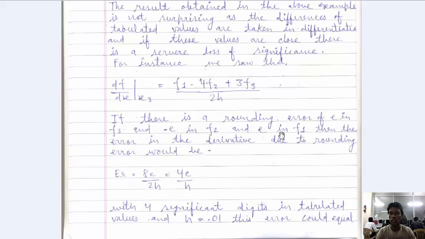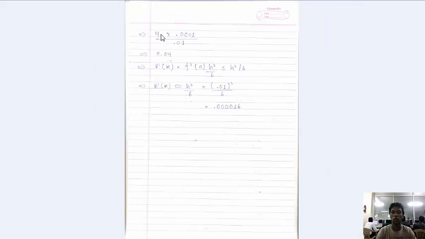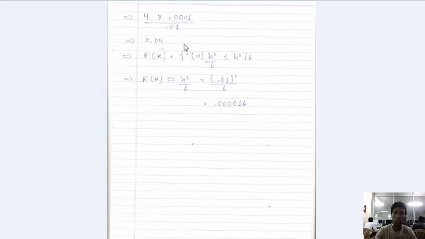Then the error in the derivative due to rounding error would be 4e by 2h, which is 4e by h, with 4 significant digits in tabulated values and h equal to 0.08. This error would equal 4 into 0.0001 by 0.01, which is equal to 0.04.